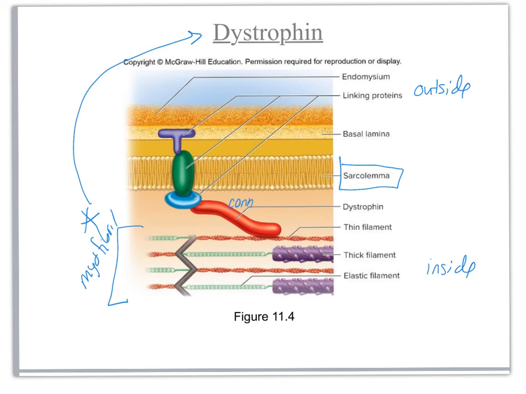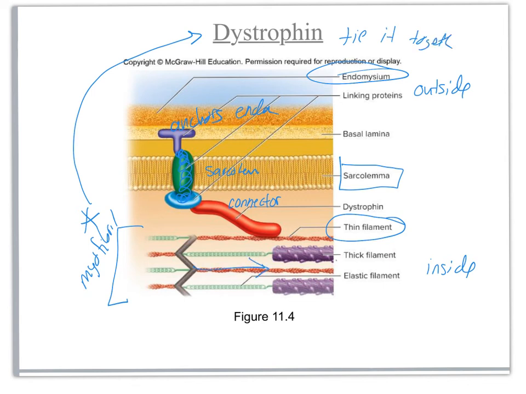The dystrophin is a little tube of connector protein, and it goes from this thin filament of your sarcomere and hooks into some other proteins that go through the sarcolemma and also anchors into the endomysium, so that literally you tie it together so that when this part contracts, this gets dragged as well, so that the entire cell shortens, not just the myofibrils within it. And this is a very important, clever little mechanism.